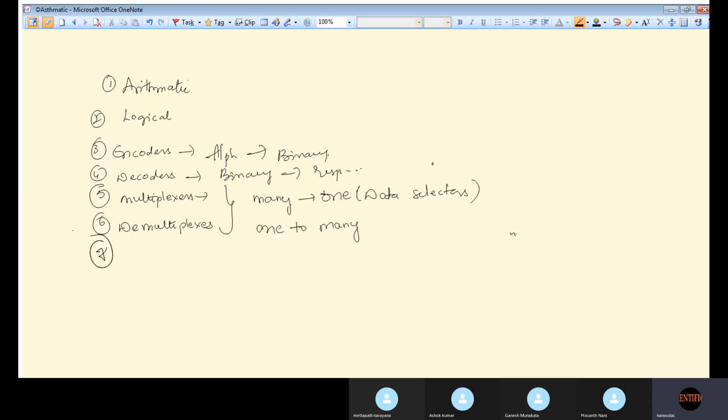And coming to after demultiplexers, what I told you: code conversion, comparison. So we use comparators for comparison. Comparators are also digital circuits.